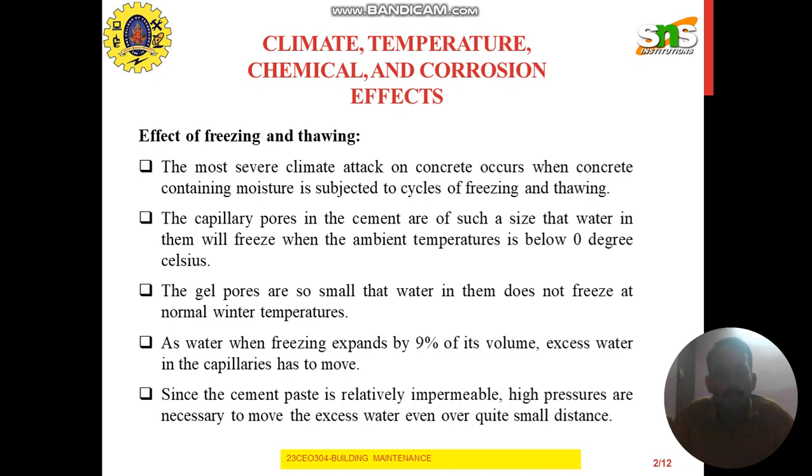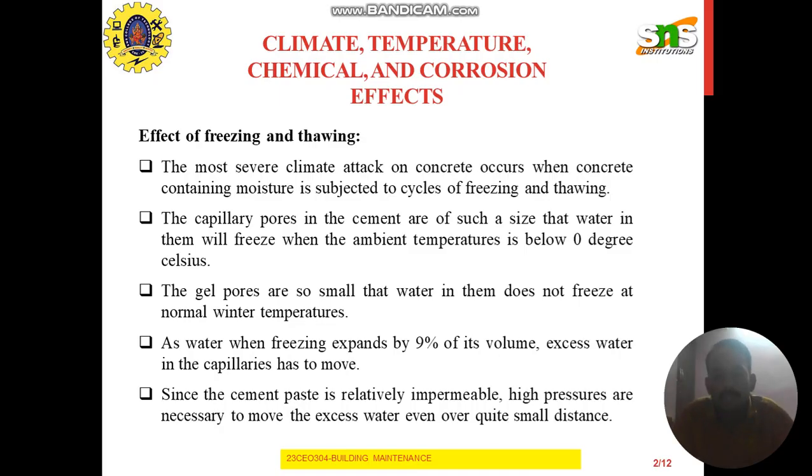Due to this process, the water present inside the concrete expands by 9% by volume, so that the excess capillary water has to move away outside from the concrete medium.